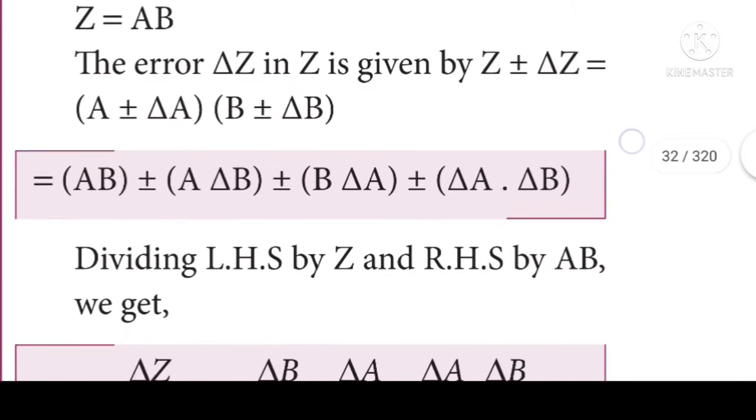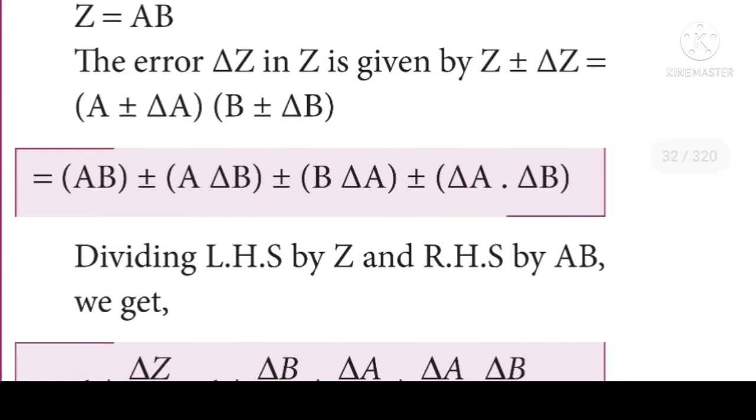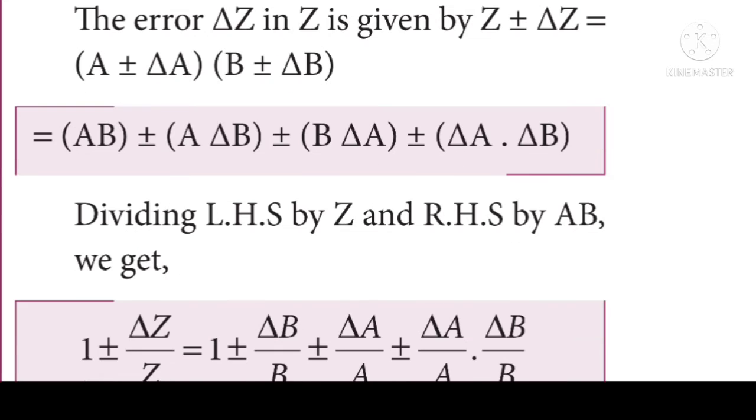After simplification, we will get, look at the right hand side, A into B plus or minus A into del B plus or minus B into del A plus or minus del A dot del B. Next, we are going to divide the left hand side by Z and the right hand side by AB.